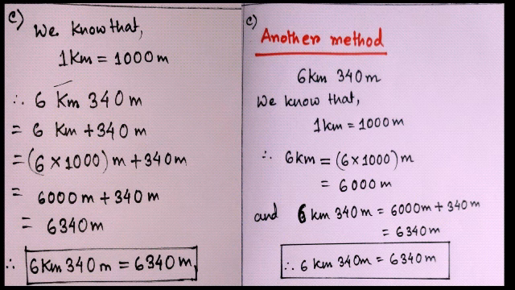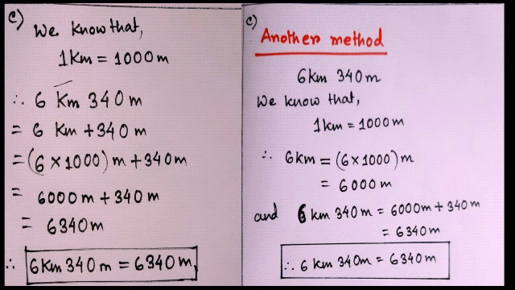So first, what we know? We know that 1 km equals 1000 meter. Now write the question, 6 km 340 meter. Here you need to separate first, like 6 km plus 340 meter. Now you have to convert the km portion.